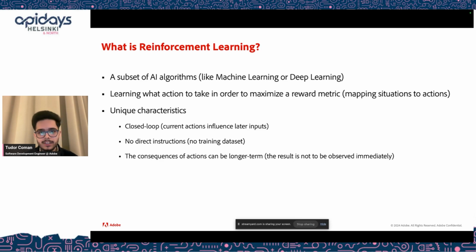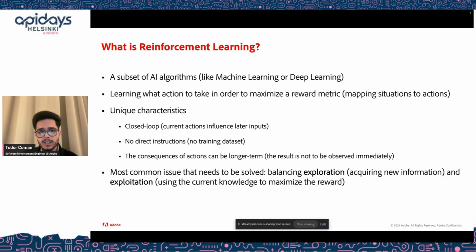It can, however, but it's not something that's mandatory. And the most common issue that needs to be solved with these different algorithms is balancing exploration and exploitation. Exploration means acquiring new information about the environment that the algorithm is running in, and exploitation is using the current knowledge to maximize a reward.